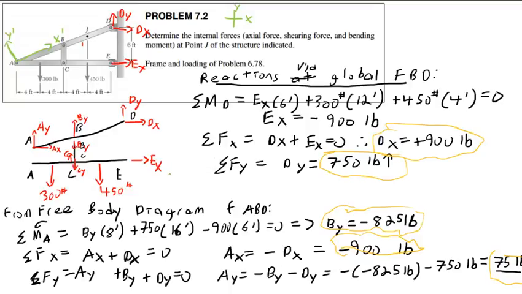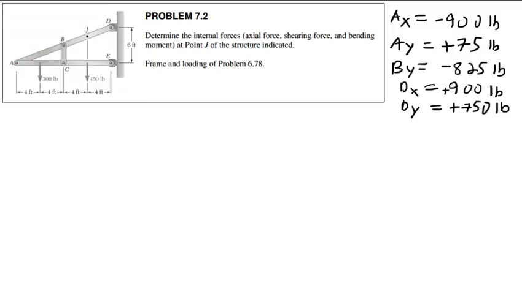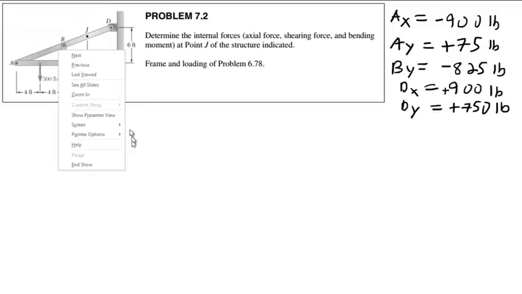So in order to find the internal forces, I want to draw a new free body diagram, ideally with this member on the horizontal. I'm going to redraw a different free body diagram, taking forces along the x prime axis. And in order to do that, first I'm going to need to do a little trigonometry.